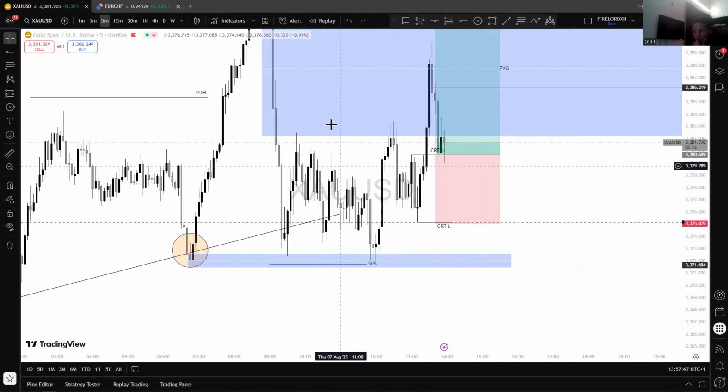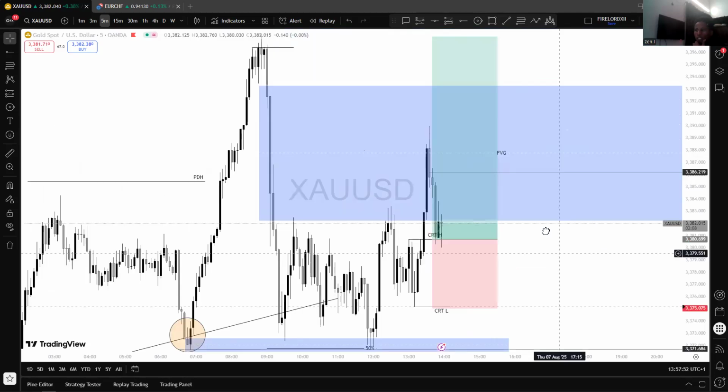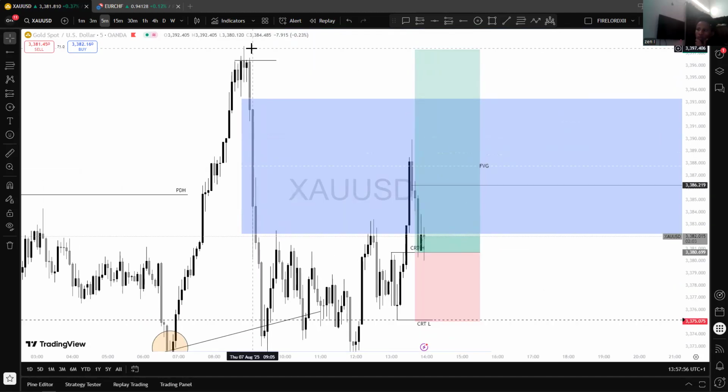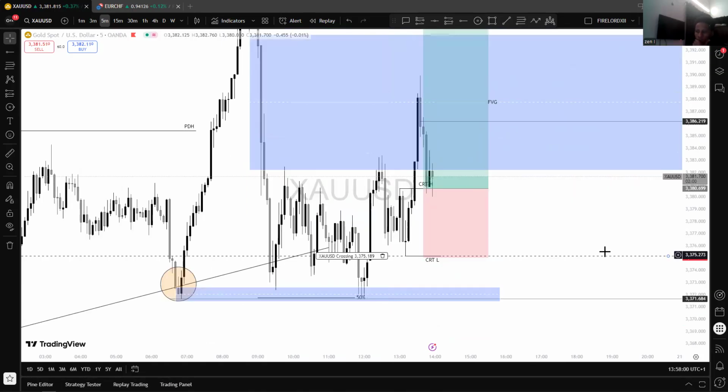Now, if we had gotten a break of structure, we would have gotten a neat push to the upside to take out this guy, but that did not happen. So price came and took out this guy. After that, price came to this same region and could not close below it. As you can see, price could not close below this region. Then it pushed back.